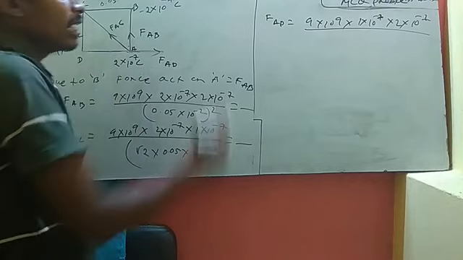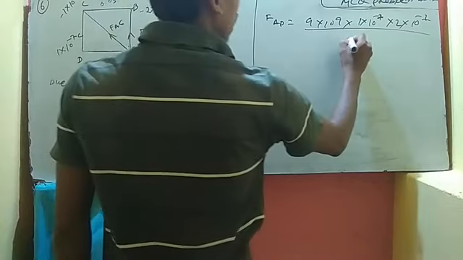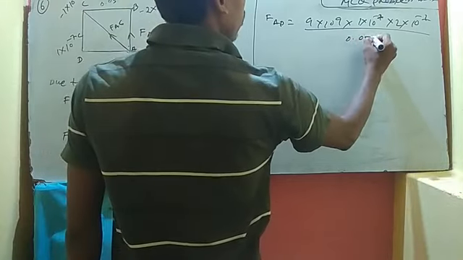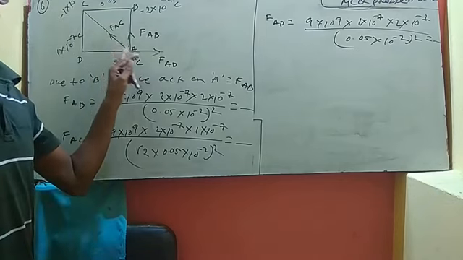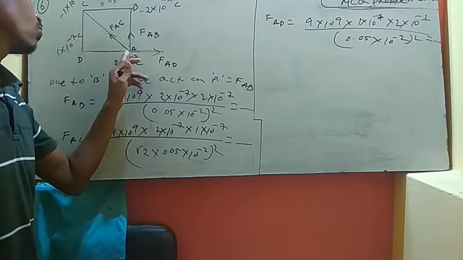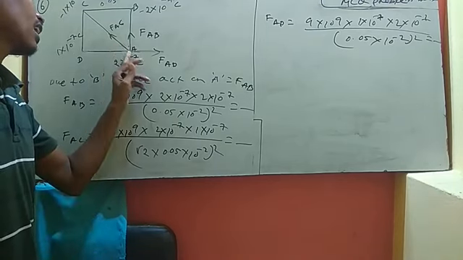AD means the side. The side is 0.05, in centimeter, converted to meter. So find it out. But the question asks for the net force acting on A. What is the net force acting on A?